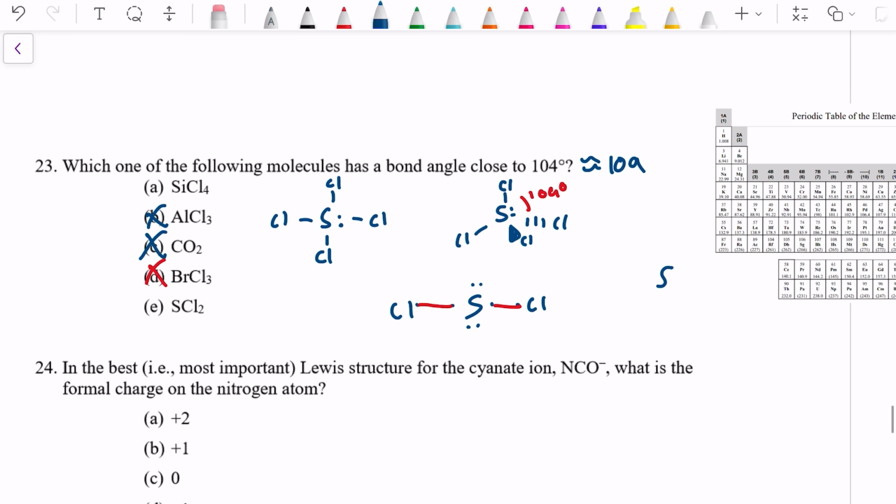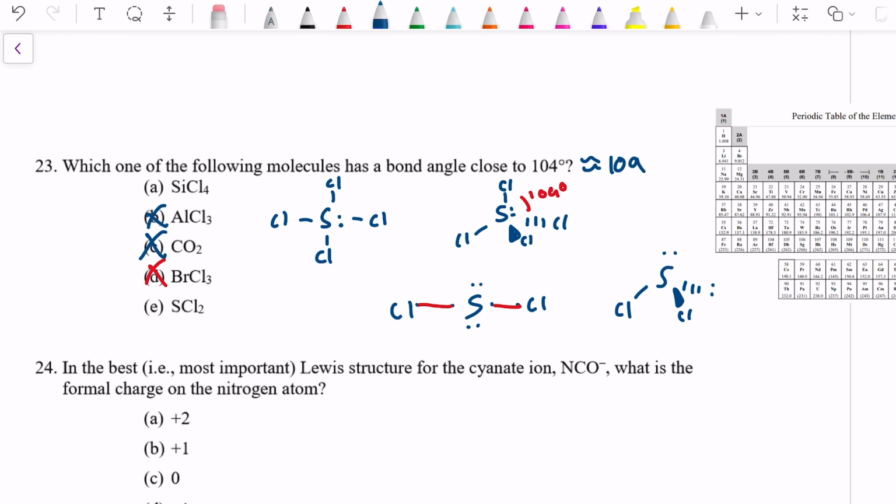I forget exact names, but it's going to look something like this, with a lone pair on the dash and then a lone pair up there. In theory, this one would be similar to 109 degrees as well.